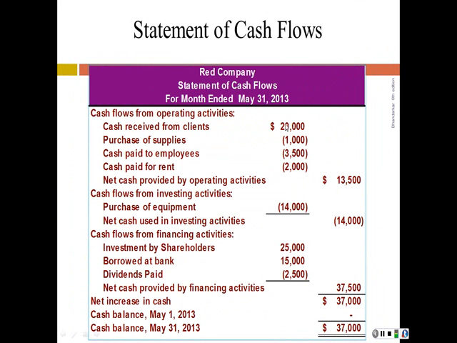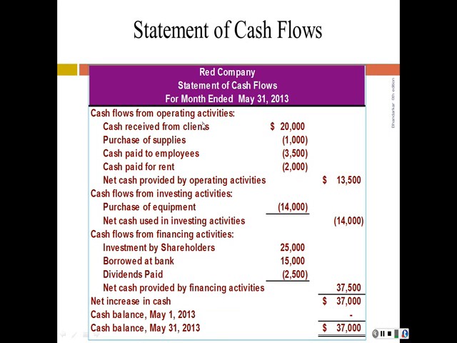Now, I told you that we are not going to look at the statement of cash flows in detail until chapter 12, but I just want to tell you what the statement of cash flows is and walk you through it somewhat. A statement of cash flows essentially explains the balance of cash on the balance sheet. So, how did we get $37,000 of cash? That is what the statement of cash flows explains to us.